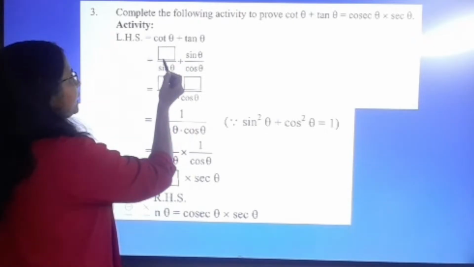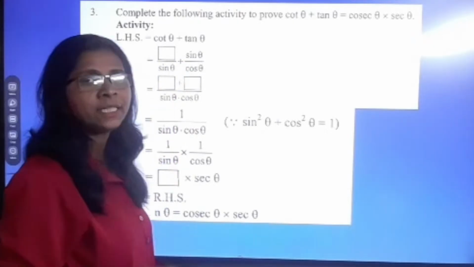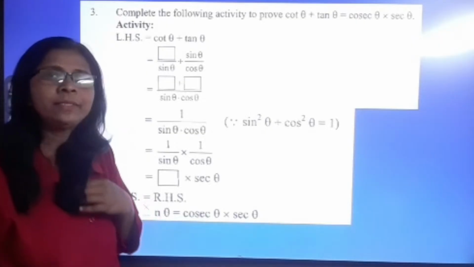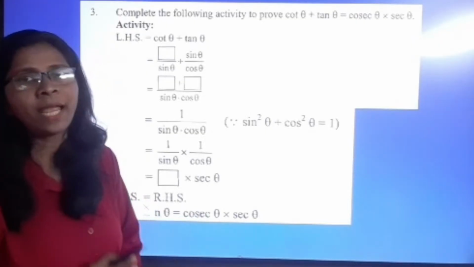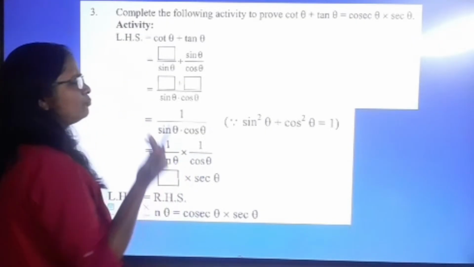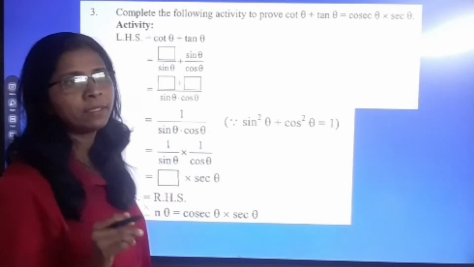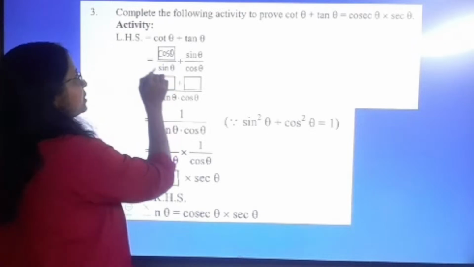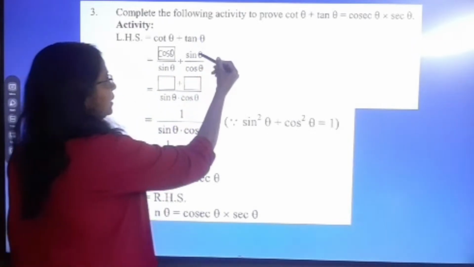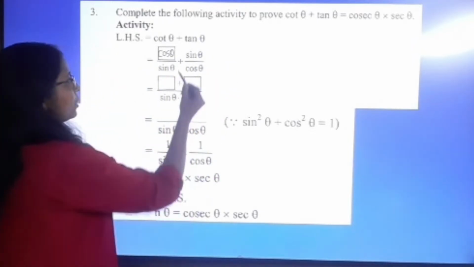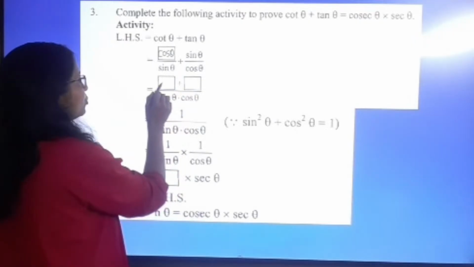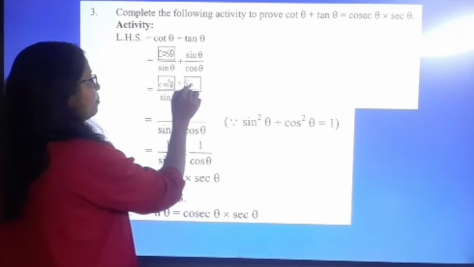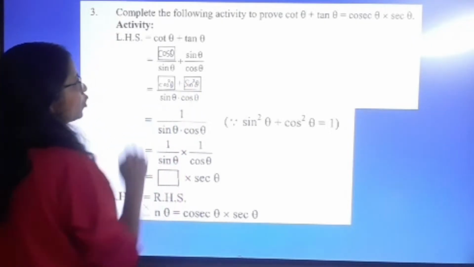So we know that cot theta means 1 upon tan theta, the inverse, or we say the reciprocal, of tan theta. The reciprocal of tan theta becomes cos theta upon sin theta, and tan theta is sin theta upon cos theta. So now the cross multiplication here, students: cos square theta plus sin square theta upon sin theta multiply cos theta.